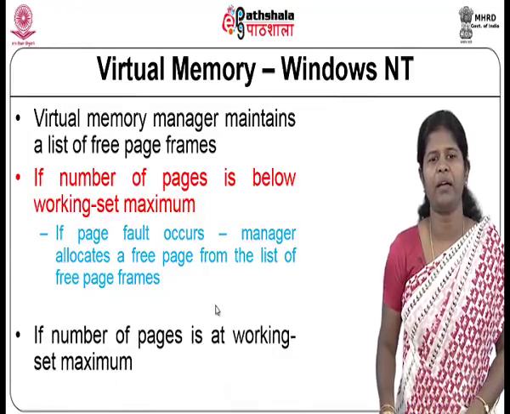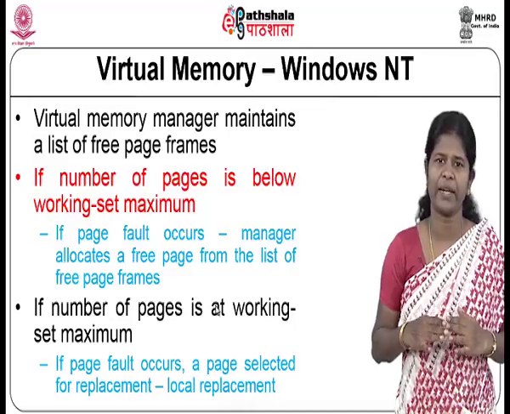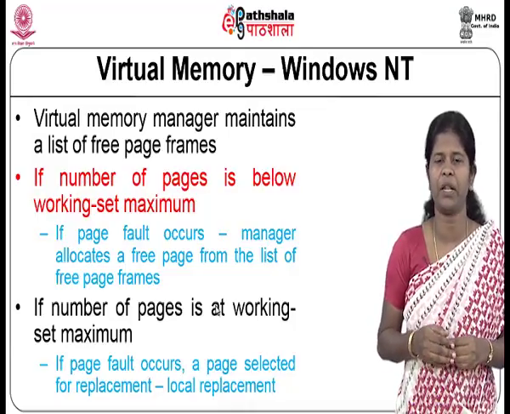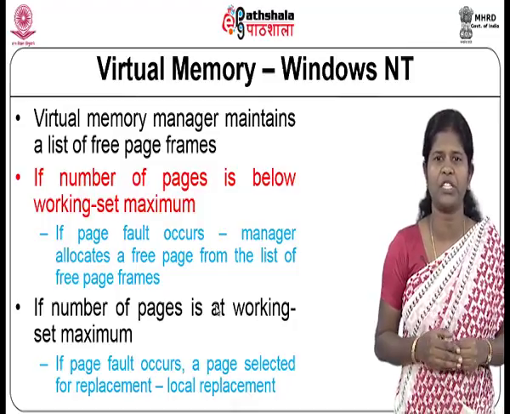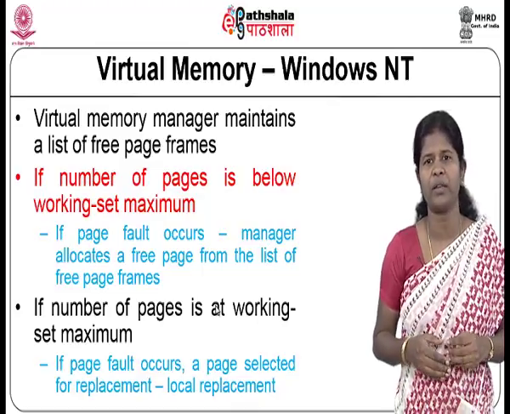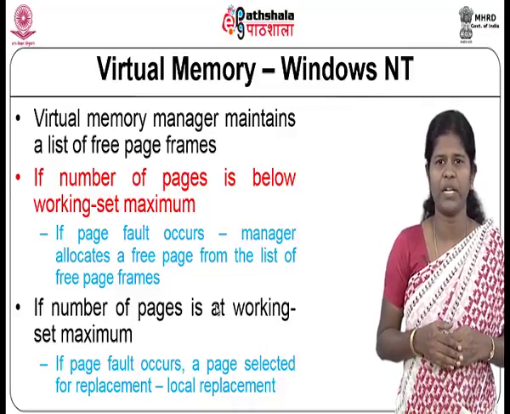But when the number of pages for the process is currently at the working set maximum, say in this example the process has exactly 20 physical frames now, and there is a page fault, we do not assign a new free frame for that process. What is done?